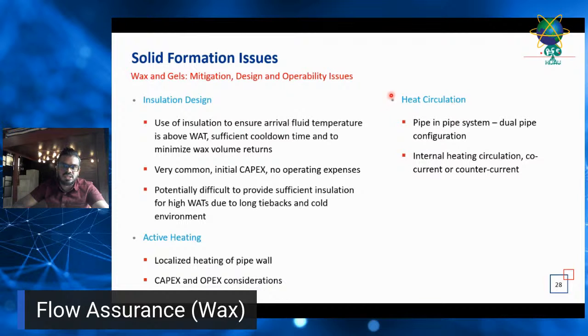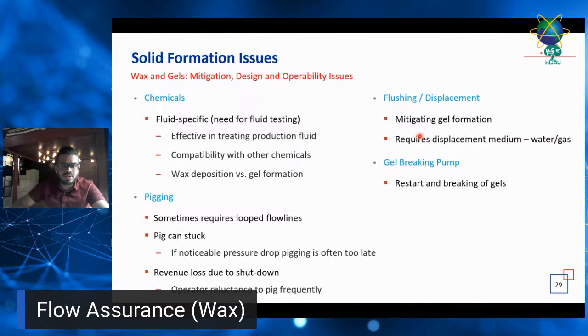We can also look at heat circulation through a pipe-in-pipe system, dual pipe configuration, and internal heating circulation, co-current or counter current. In terms of chemicals, we can inject chemicals such as wax inhibitors and pour point depressant to manage the wax and also gel.